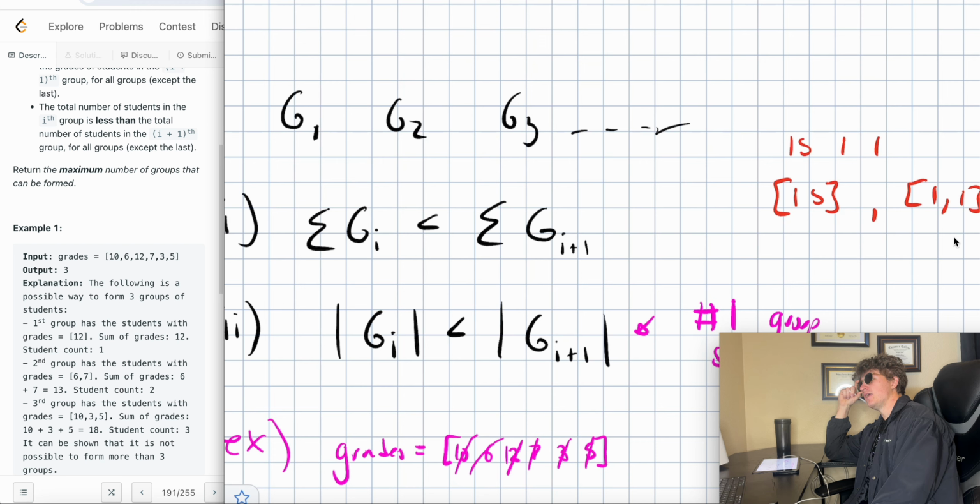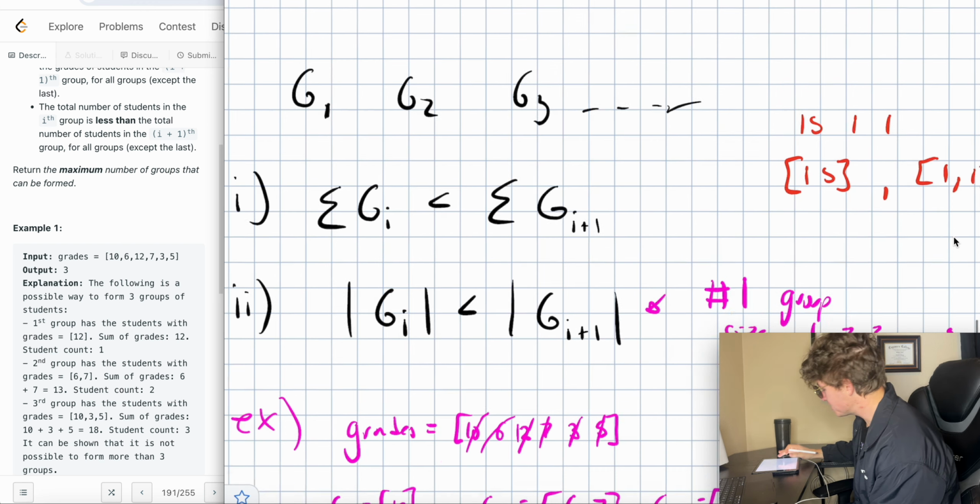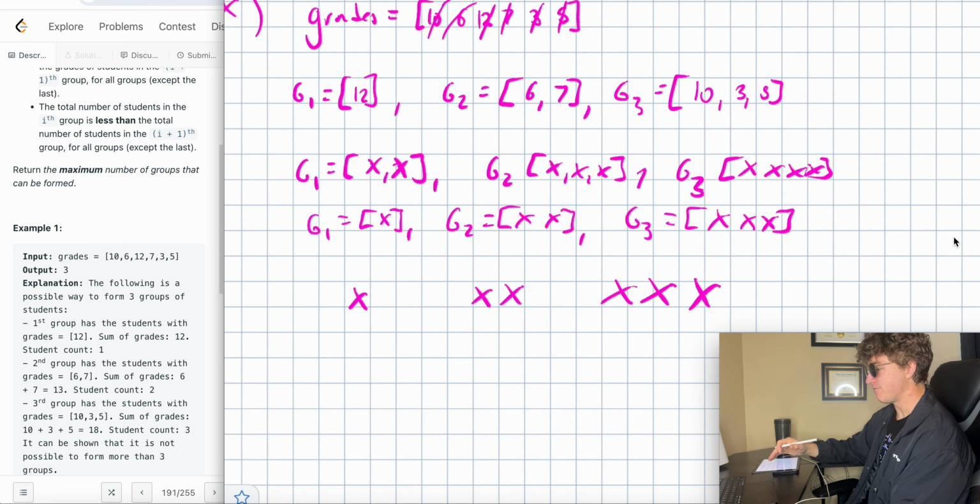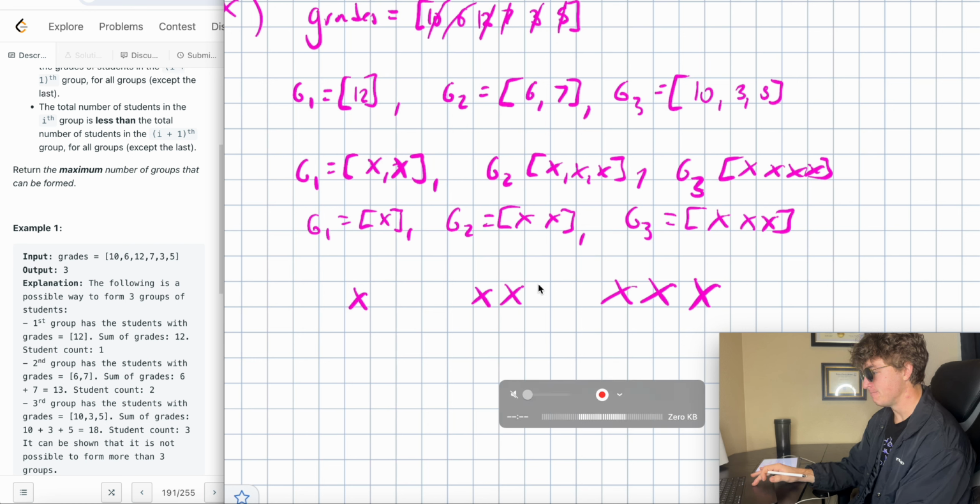But the maximum number of groups you can make for anything follows this pattern, right? But this pattern doesn't always meet condition 1 in all situations.